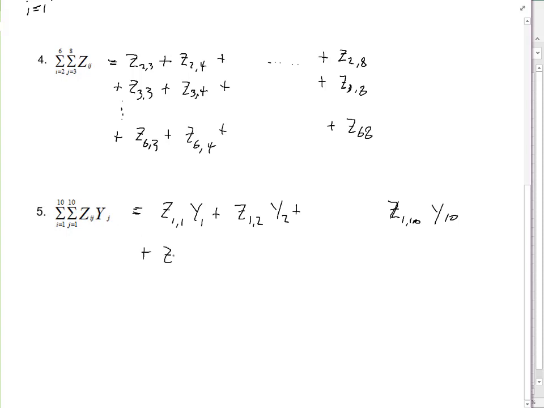Then we switch to plus. We go to 2, so z 2,1, and then everything else is the same. Plus z 2,2 y2, plus z 2,10 y10. Because y is only a column, you're using the same values of y again and again.